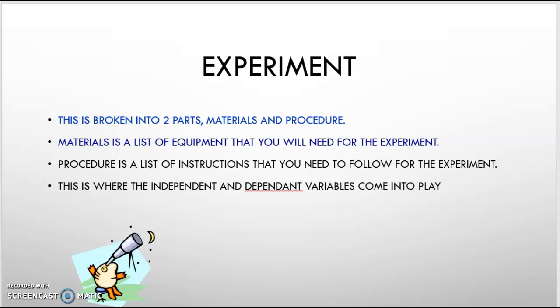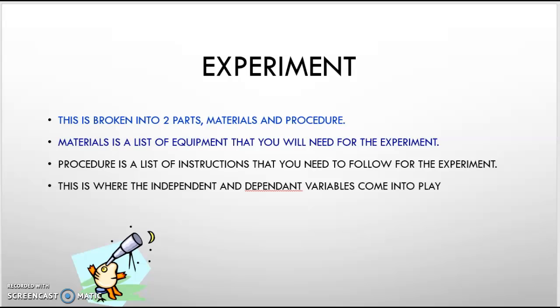Make sure in your materials you put frozen water or ice, something along those lines. So the materials is just one part of the experiment. It is just a list of the equipment and tools, materials, goods that you will need for the experiment.